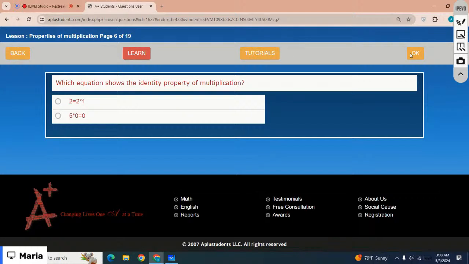Which equation shows the identity property of multiplication? Which is the correct option?